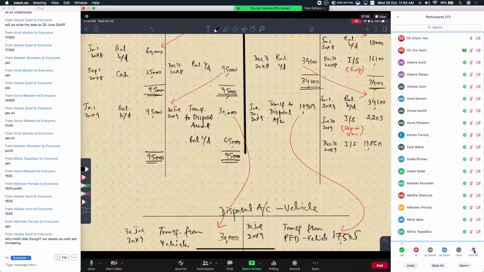We wanted to take away van 1's record from there. So on 31st of December 20x9 this is transferred to next year. Next year when you begin, your balance is not going to be 95,000 but 65,000, because van 1 is no longer a part of your books.